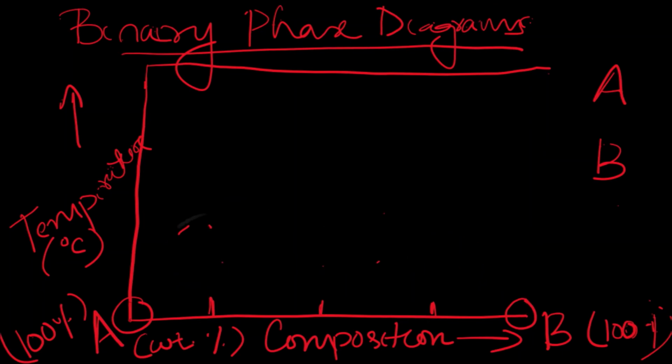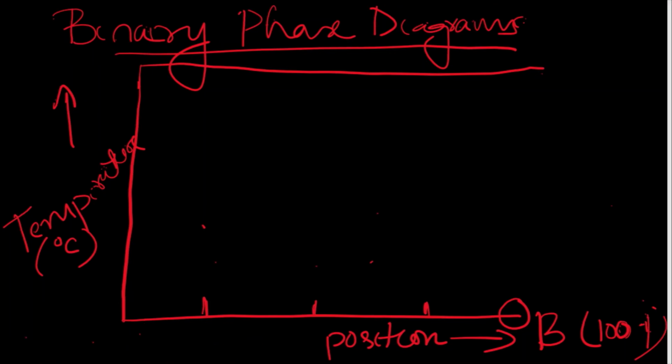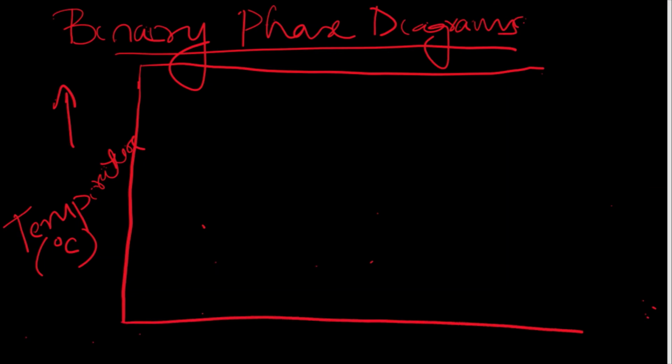Okay, so now we will consider a two component system. Instead of A, we will directly take an element. Let the temperature be like that, and we will complete this particular graph and composition.